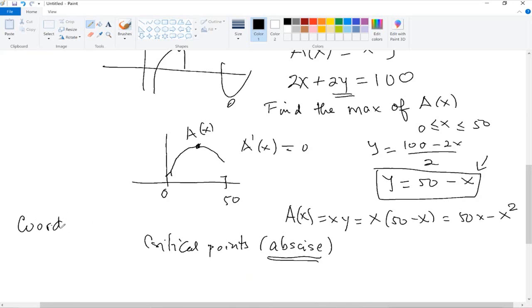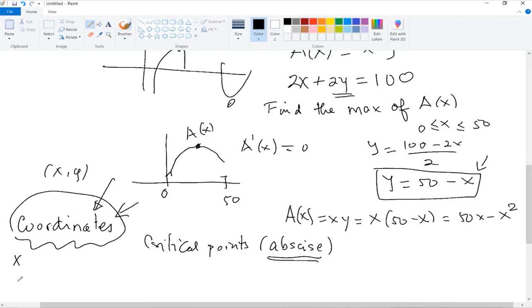You speak about coordinates. Is that right or not? You name the x and the y, and in Spanish, I feel that in English it should be something like that.